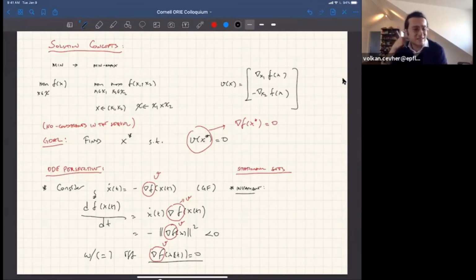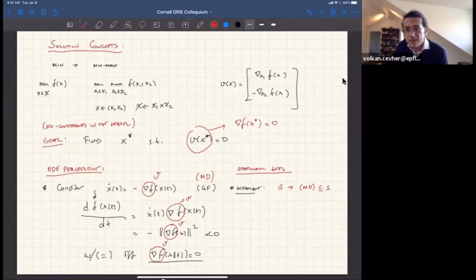An invariant set is, okay, this gradient flow, when we use V's, I'm going to refer to this as the mean dynamics, MD. So you are in a set, you apply the mean dynamics, and you remain in the set.